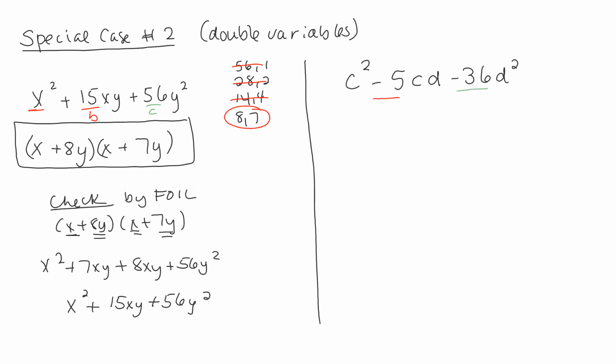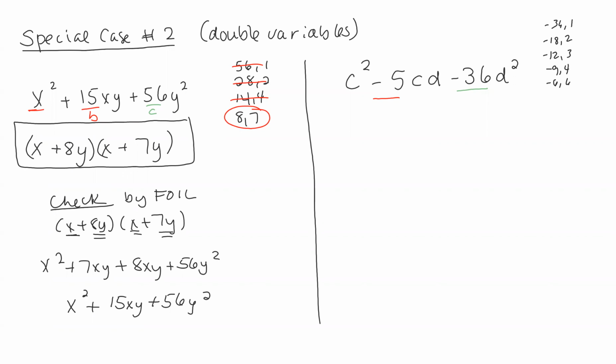That means our factors have to have different signs, and the larger of the two factors is going to be negative. So I could have negative 36 and 1, negative 18 and 2, negative 12 and 3, negative 9 and 4, or negative 6 and 6.